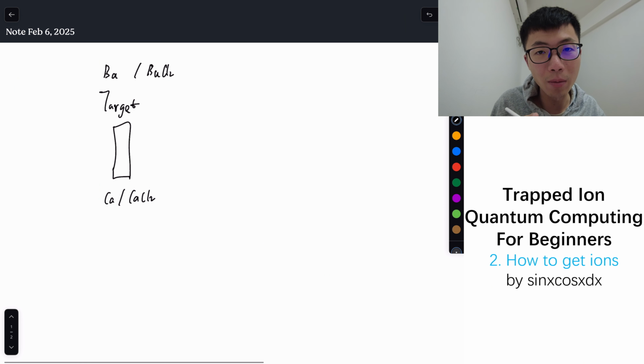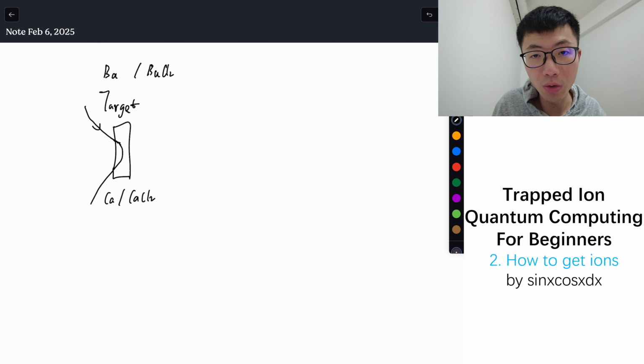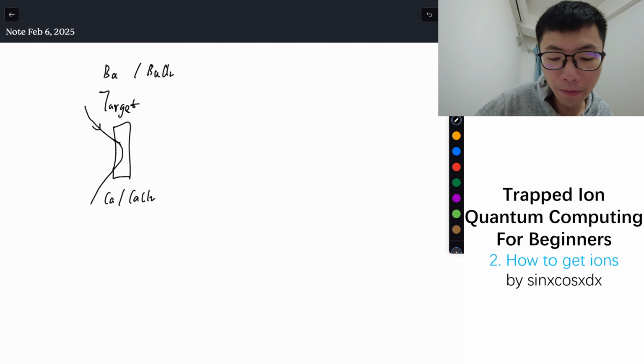After the target is heated to a particular temperature, you can get atoms out. For example, these might be the barium atoms. There will be an atom beam going outside the target. This is the first way, an oven.